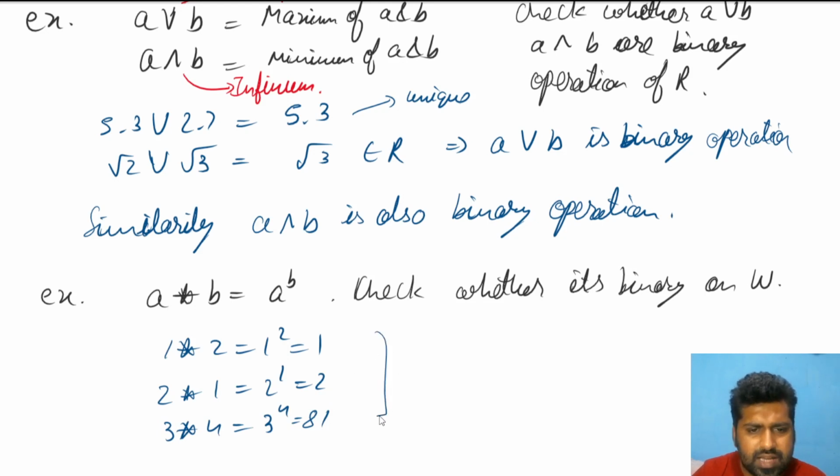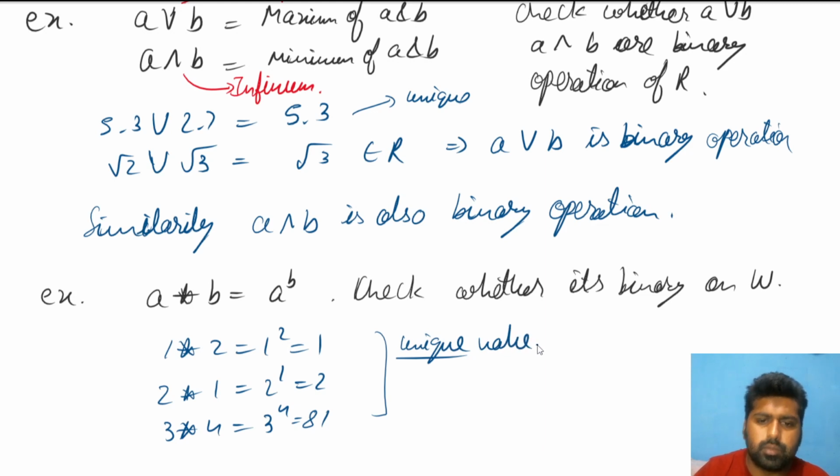So as such we are getting unique values. The point of a unique value is that the result should remain the same as long as you have the same input values. You cannot have two results like plus minus 1, plus minus 2, or 1, 2, 3, 4, like that. And they all are whole numbers also.